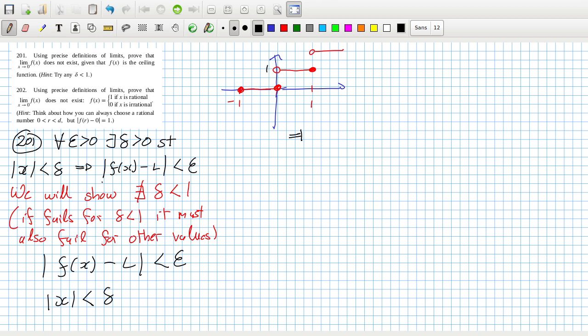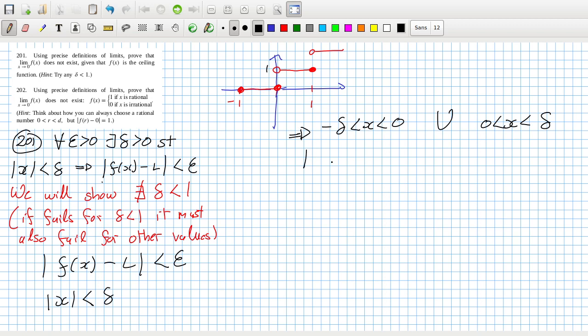So what that means is x can be between minus delta and 0, or x between 0 and delta, where delta is some number less than 1.